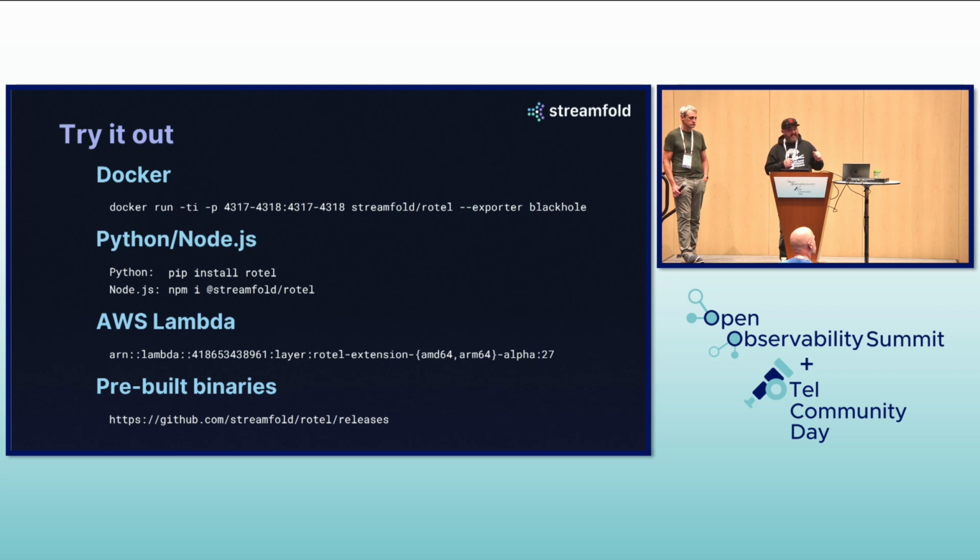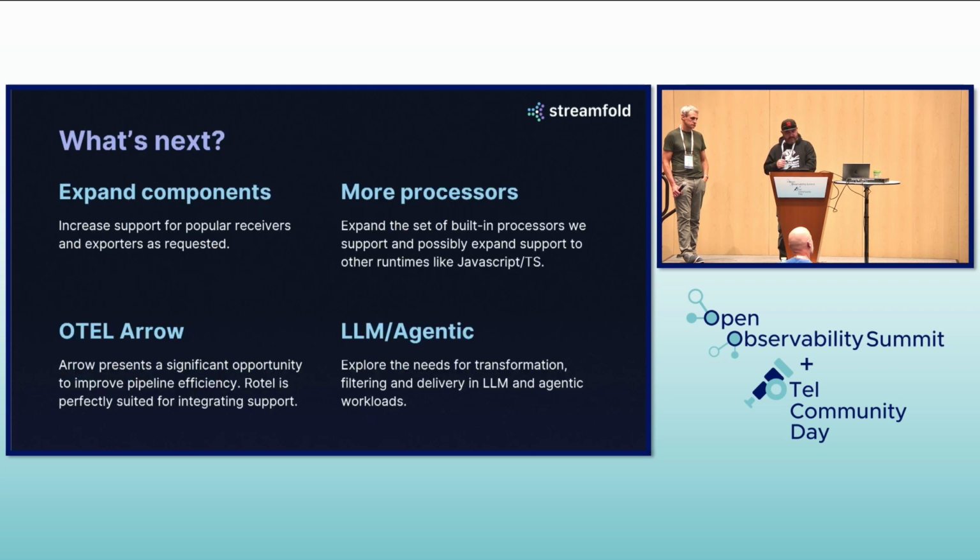And it's easy to get going with Rotel, so we publish pre-built binaries, Docker images. As we mentioned, you can just pip install and get going in a Python app, FastAPI or a Flask app, the Lambda extensions, and pre-built binaries on GitHub.